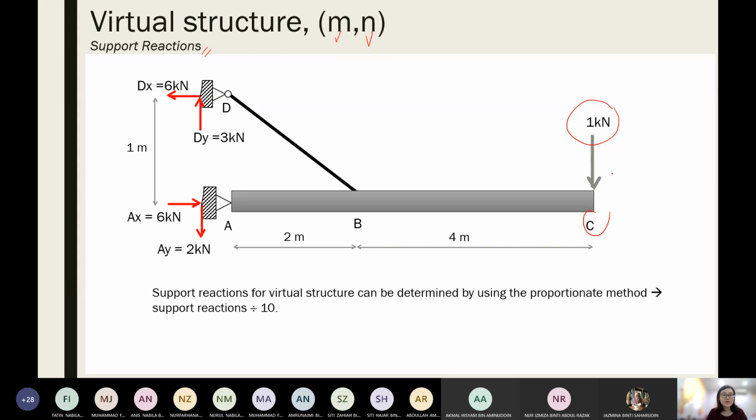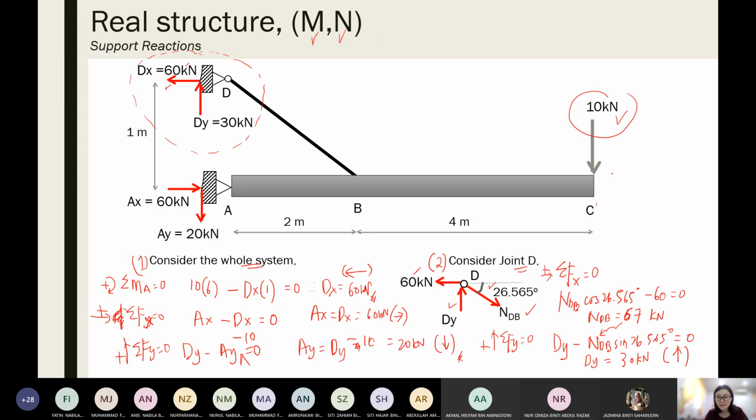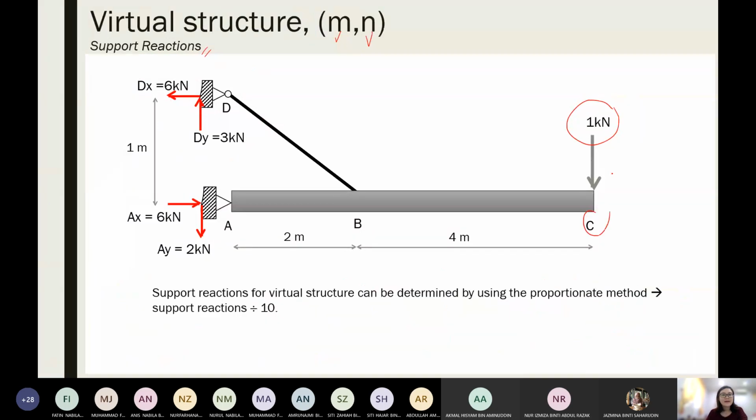Meaning that you do not need to repeat the whole support reaction process. You just need to take whatever you have from the real structure and divide by 10. So this will be your support reaction for the virtual structure. But make sure the loading is acting at the same location. Only then you can do that. If this 1 kilonewton is somewhere else, I'm sorry, no, you need to redo it.